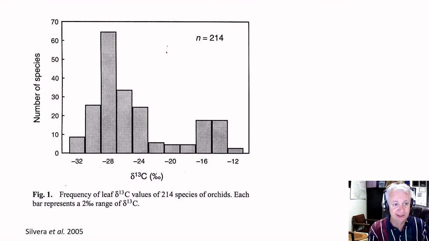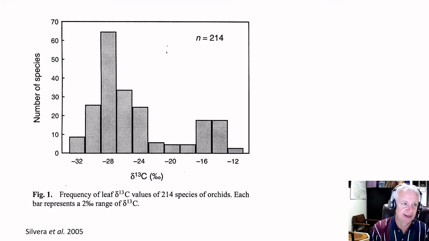There's hundreds and hundreds of species, so we don't necessarily know anything about the physiology of a lot of these species. So rather than having to do gas exchange on each different species of orchid, she could just collect tissue from all these different species, put it through a mass spec, and look at its stable carbon isotope ratio.